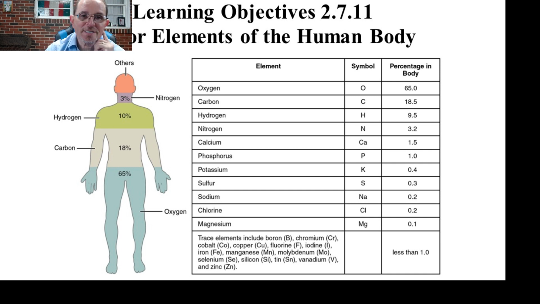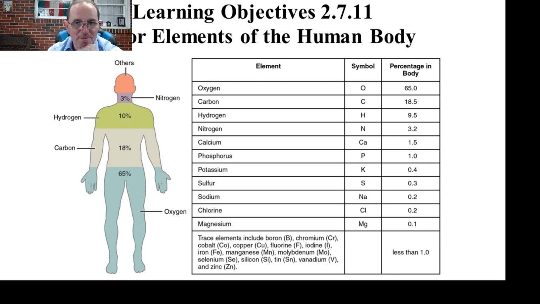But over here you can see how much. Calcium 1.5, phosphorus, potassium less than 1%, sulfur, sodium 0.2, chlorine, it's got to be the same because they came in together as salt, magnesium, and then we've got all these trace elements.